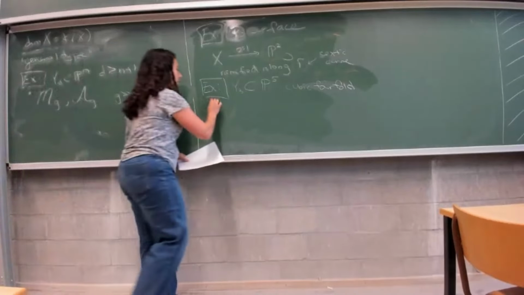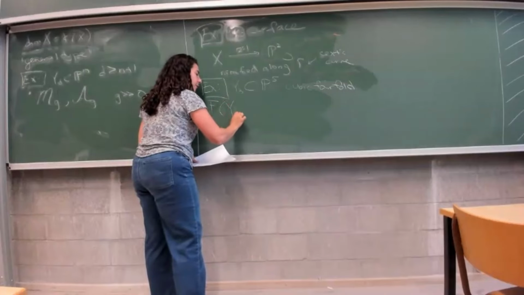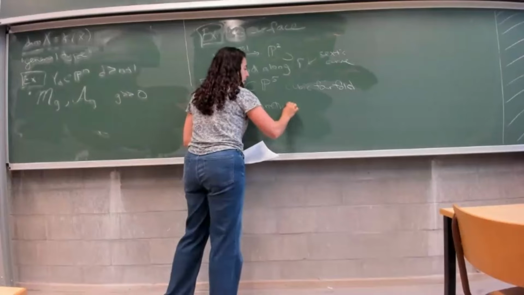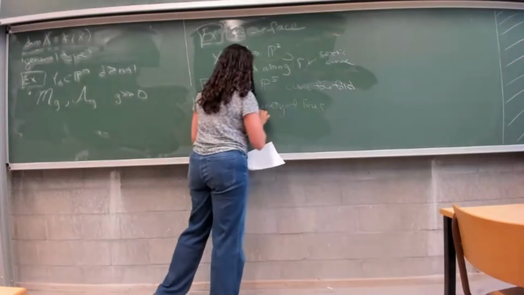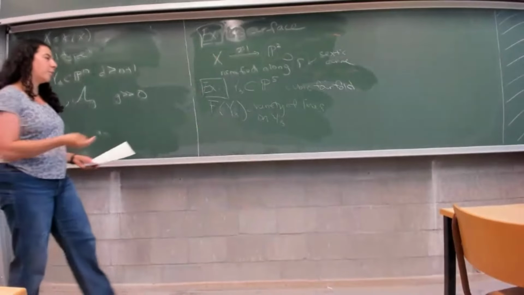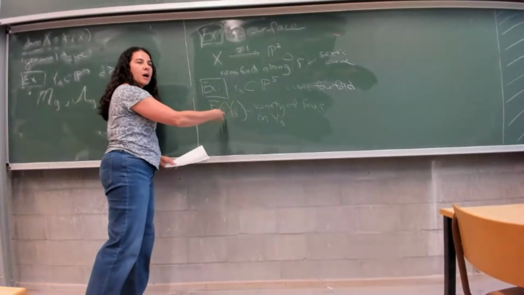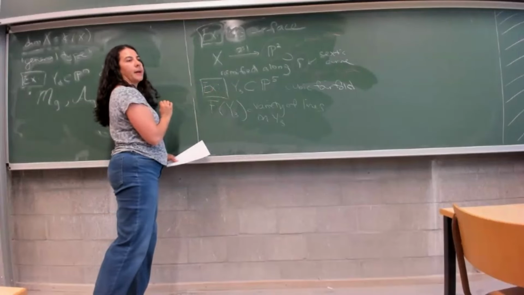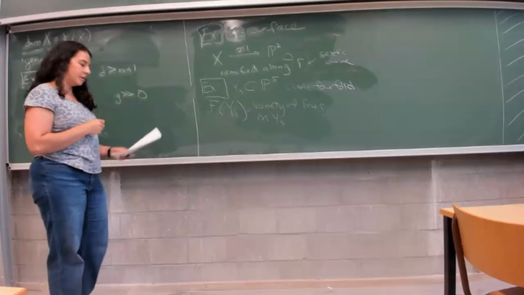And I look at, I'll denote it as F of Y, the variety of lines on this Y. Right, so the points of this variety F of Y are parameterized by choices of lines lying on my original hypersurface.